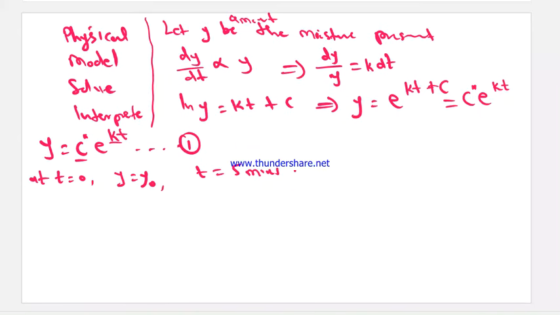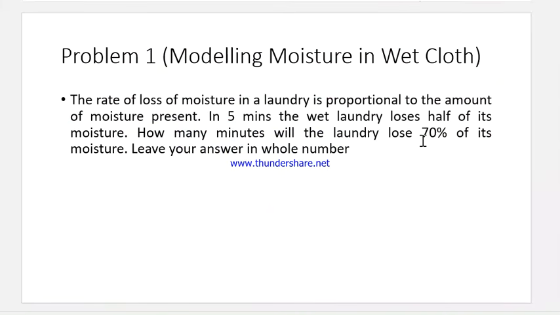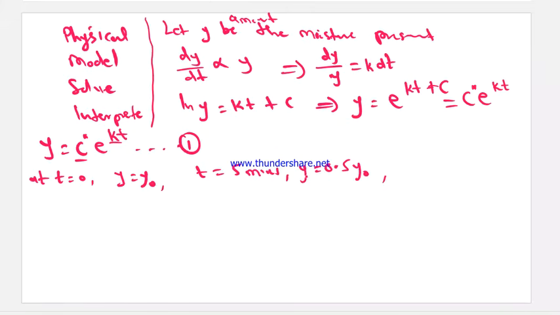So at t is equal to 5 minutes, the Y remaining is equal to 0.5 Y naught. And the one we are actually looking for is the t at which the laundry has lost 70% of its moisture. So we are looking for t when Y is equal to 0.3 Y naught, that is only 30% moisture remaining.